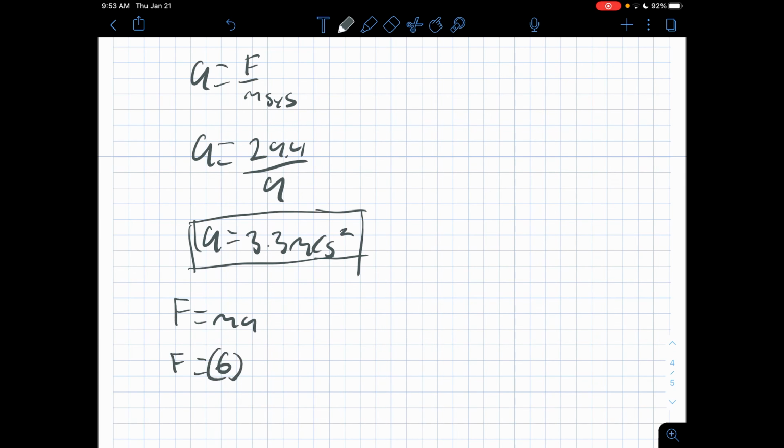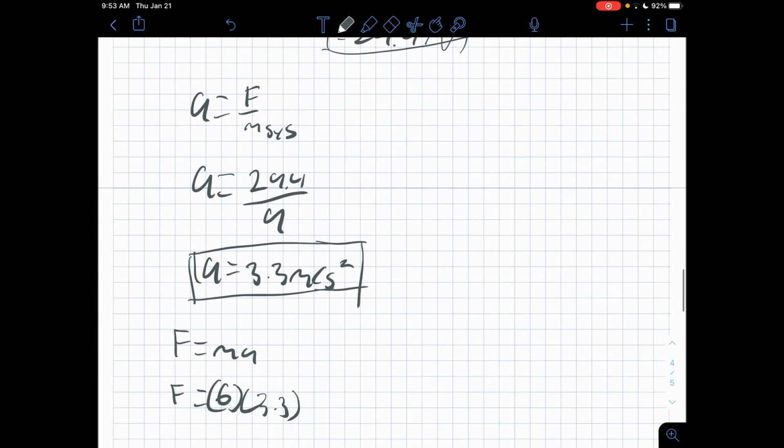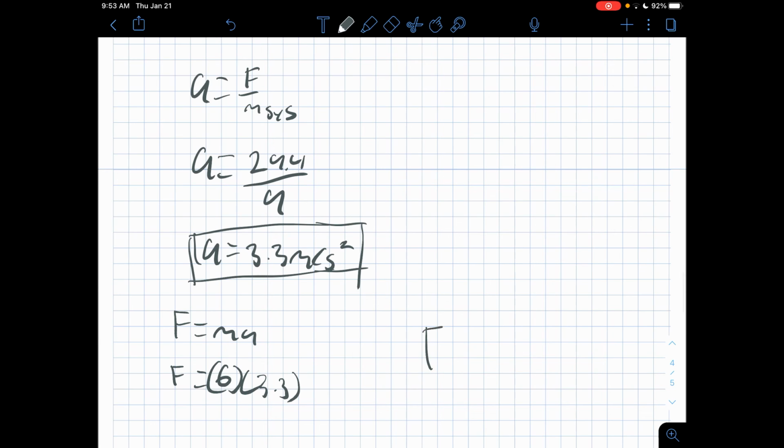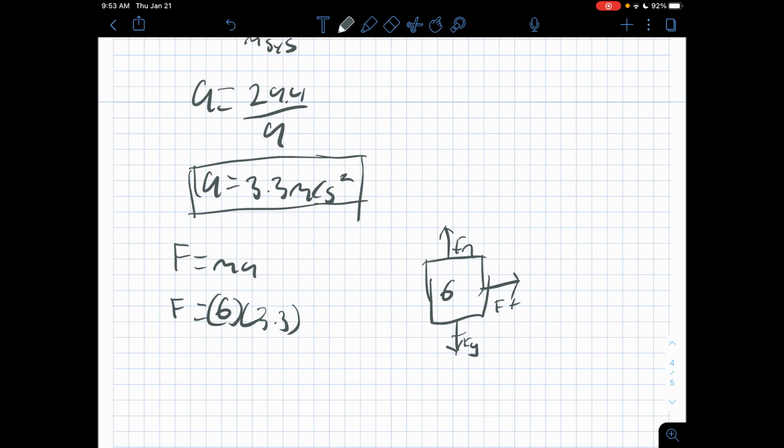F equals 6 times 3.3. If you look at the free body diagram, I'll draw it down here once again: 6, Fg, Fn, Ft.